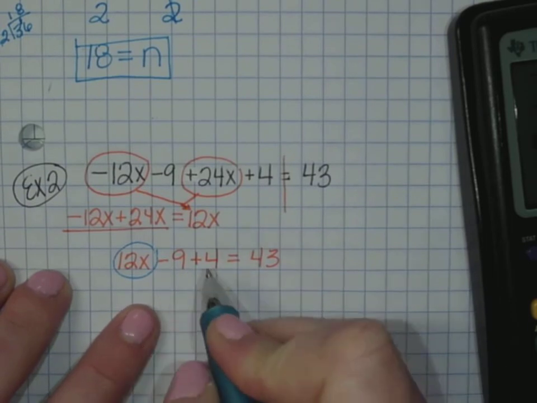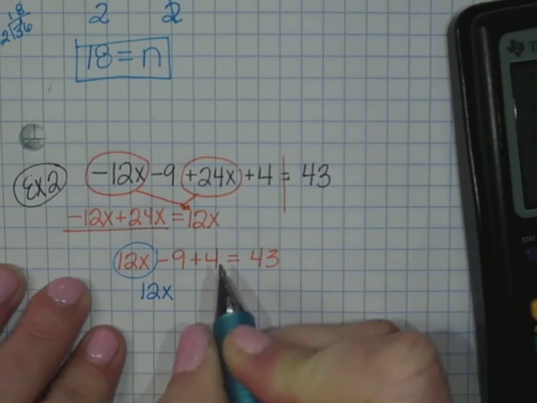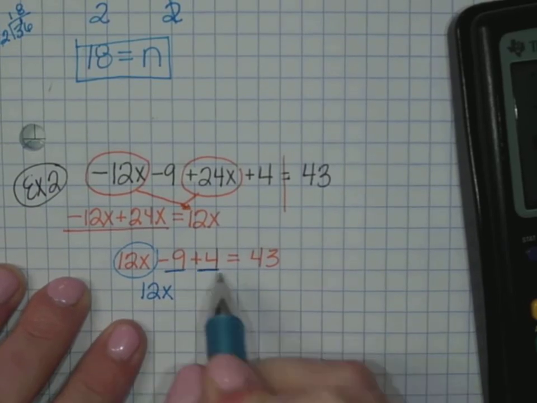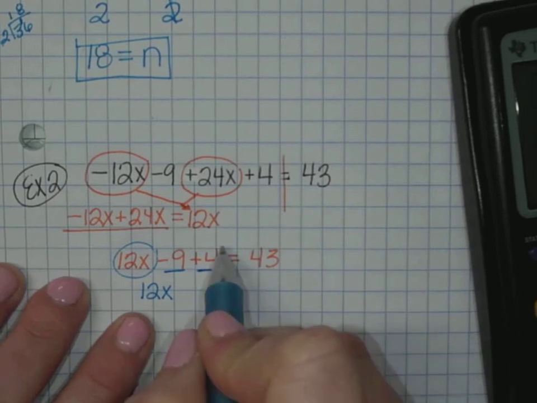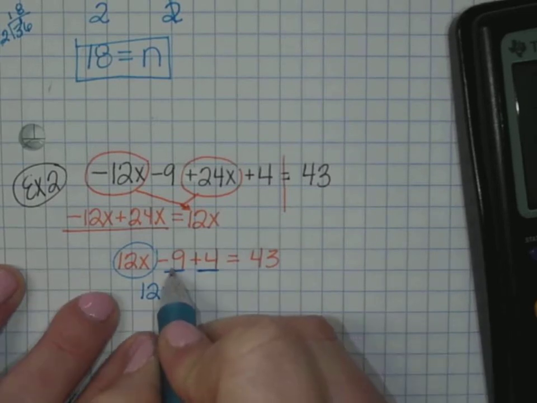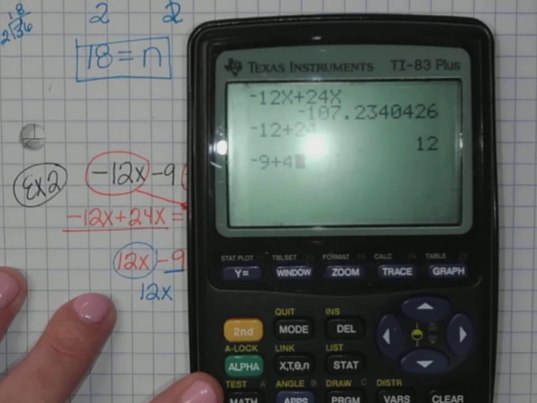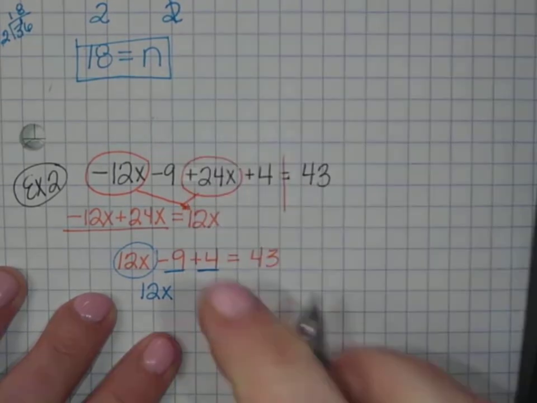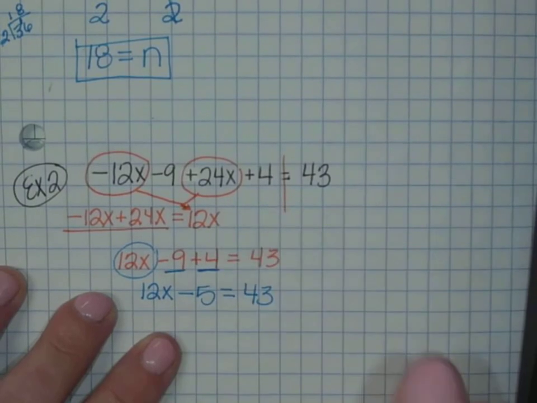Negative 9 plus 4 would be negative 5, so 12x. Again, I'm combining like terms. Notice we still haven't crossed over the equal sign. Again, you can type it in the calculator. Negative 9 plus 4 is negative 5 equals 43.